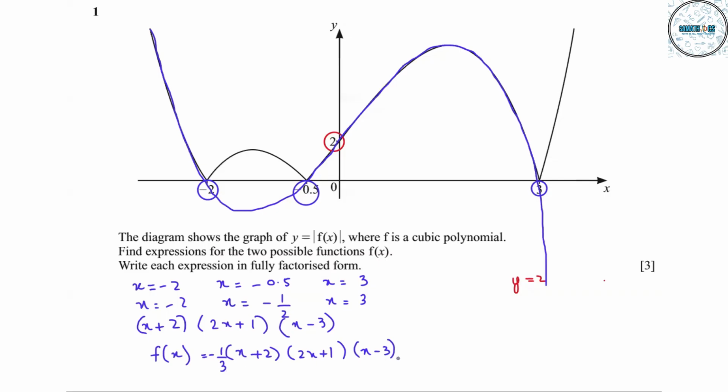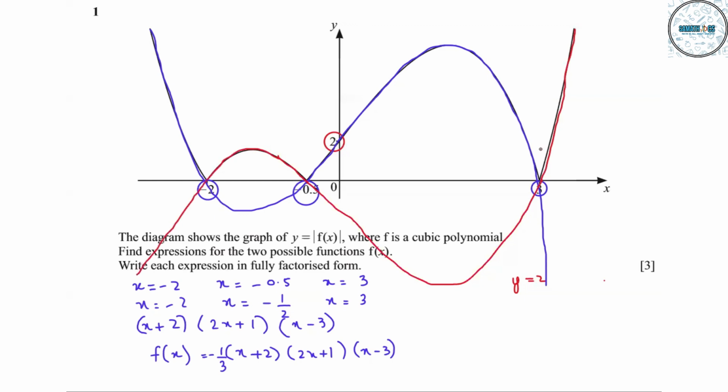So this is the curve whose equation is minus 1 upon 3 (x plus 2)(2x plus 1)(x minus 3). Another possibility is that the graph is starting here. It is like this.